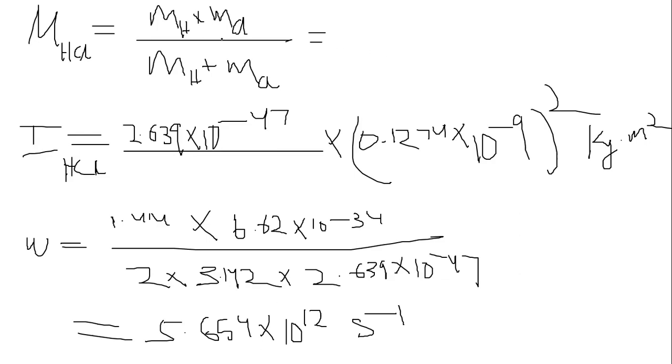After that, by putting the effective mass here, the value will be 2.639 into 10 to the power minus 47. Sorry, I think there is some issue here. So the value of I is this much.